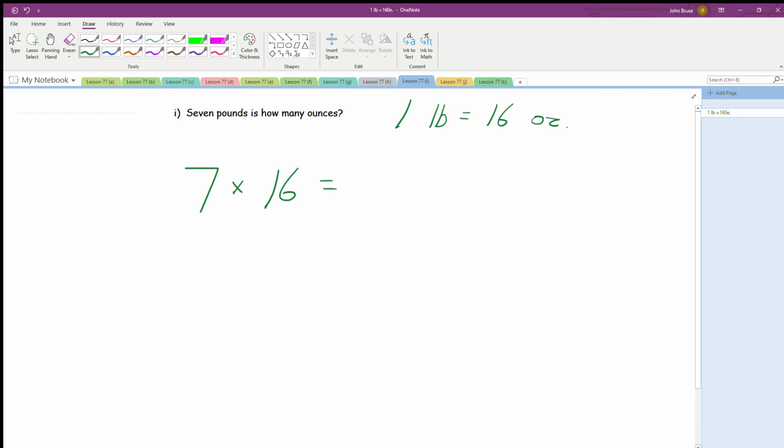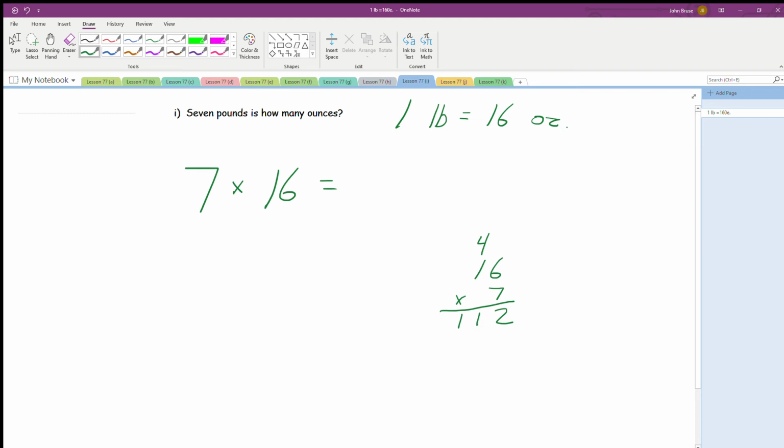We can do that over here, show our work. 16 times 7, we're going to use the shortcut method here. 7 times 6 is 42. We carry our 4 tens to the tens column. 7 times 1 is 7, plus 4, so we got 7 tens plus 4 tens, equals 11 tens.